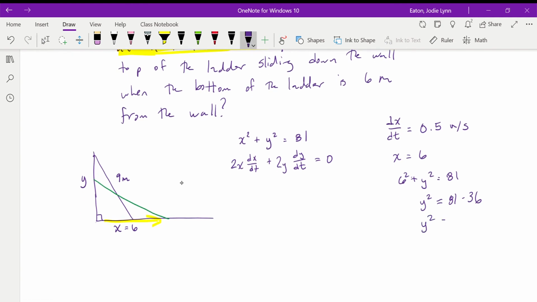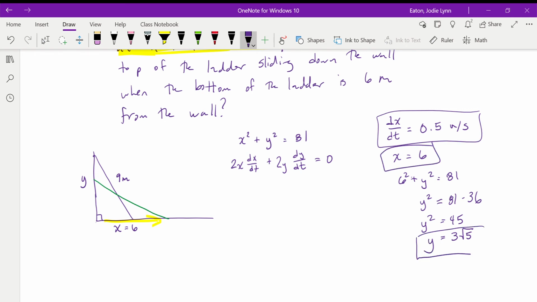So y squared is 45, so y is 3 radical 5, taking out that 9. Okay, so now we have values of dx/dt, x, and y to plug in.